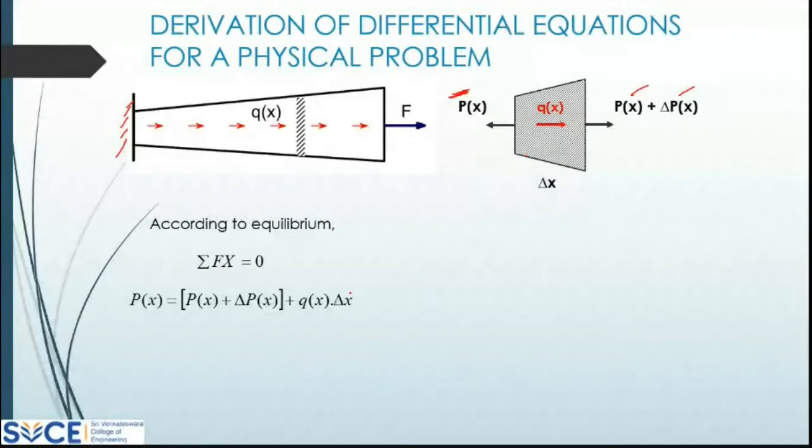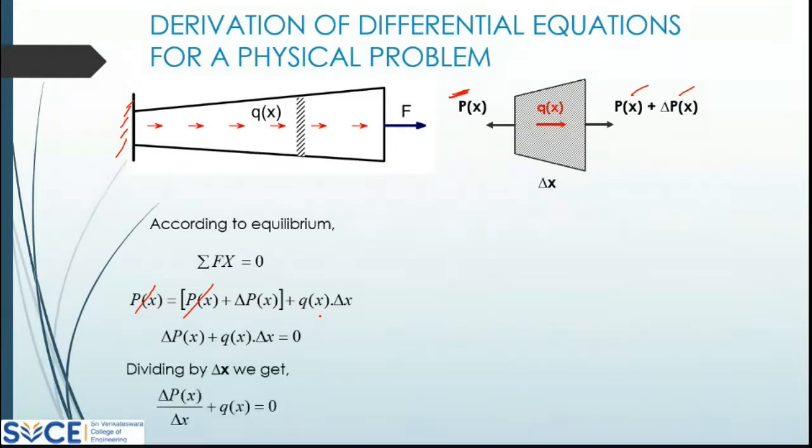You will see that the P of X gets cancelled. The remaining terms give del P of X plus Q of X del X is equal to 0. Let me divide by del X. We get del P of X divided by del X plus Q of X is equal to 0. This del is a very, very small quantity, a small force.